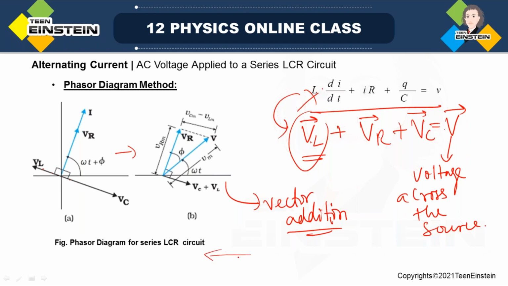This is VL and this is VC. You can take the resultant of these two vectors. The resultant is this much, because VL will be deducted from VC.